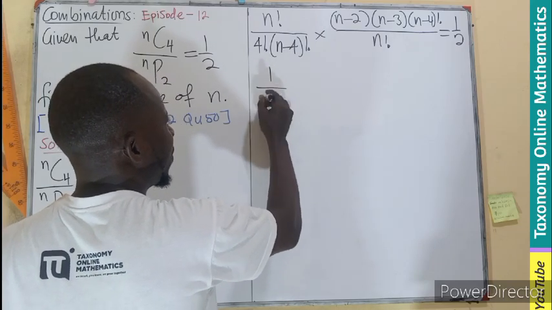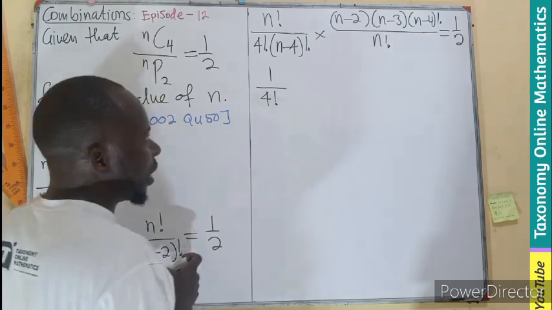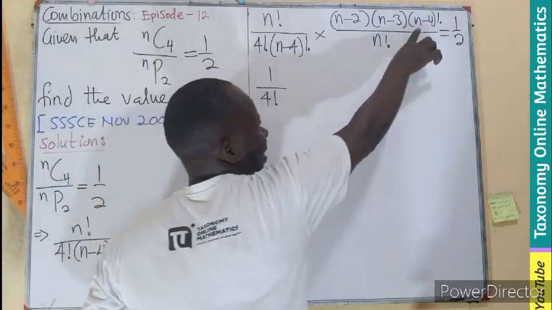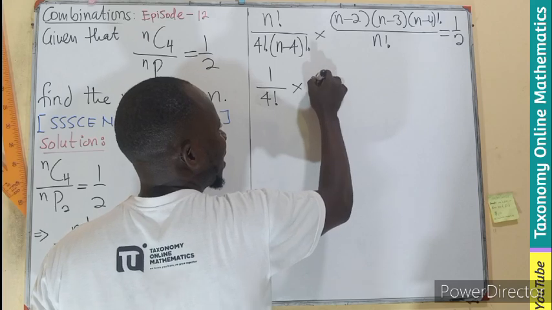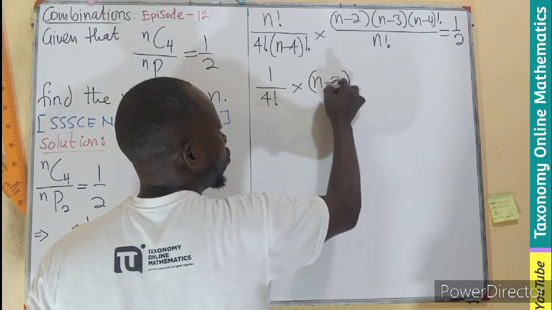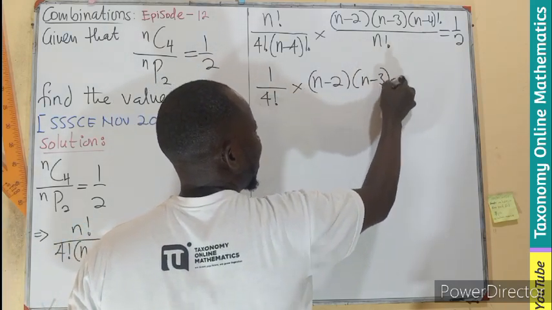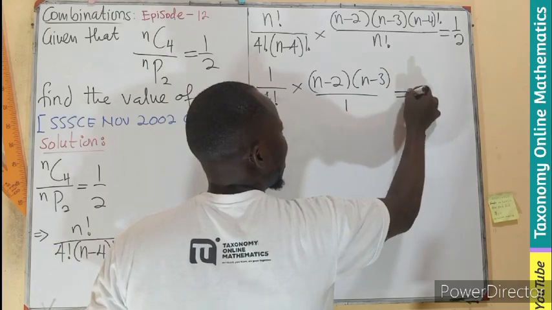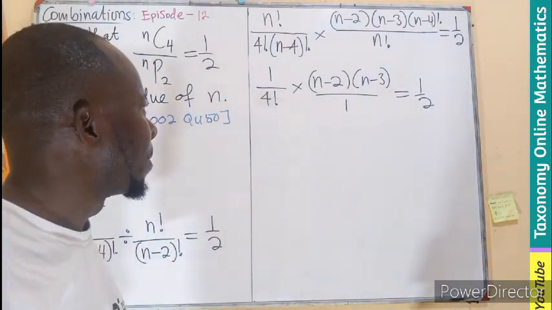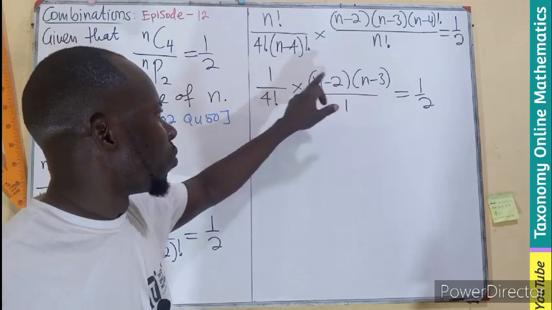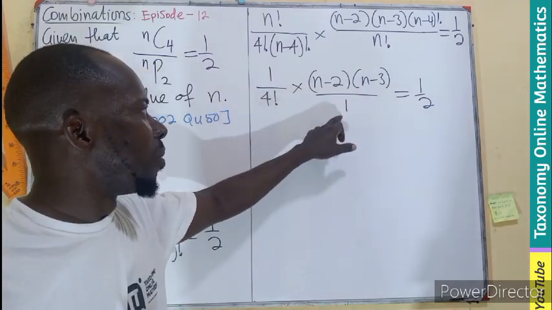Okay, this becomes 4 factorial since this is cancelling this. Then times, I'll be left with n minus 2, n minus 3 divided by 1 equals 1 on 2. I guess that is clear.